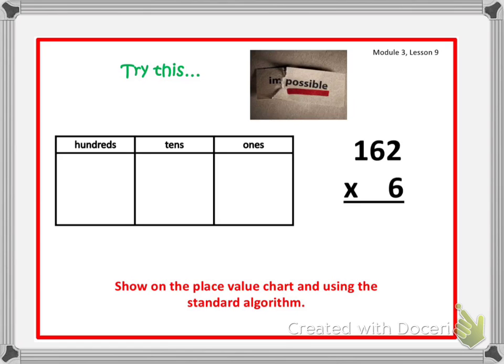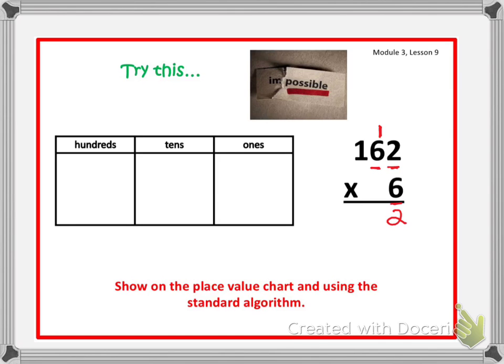Now, just like I said in the previous slide, this is a 1 and this is a 1. So 2 times 6 is 12. But in our partial product way, we would put the 12 right down right away. But we're not going to do that. We need to carry the 1 over into the tens. Again, this is not a 6, that's a 60.